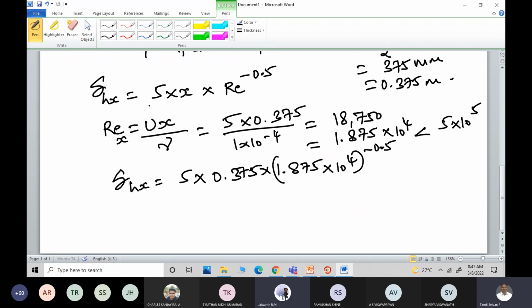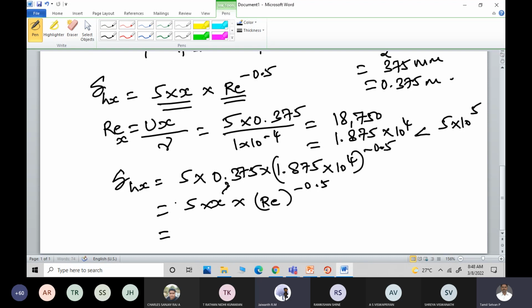I have got this expression from here. All of you are able to understand? It is nothing but 5 into x into Reynolds number power minus 0.5. I have written that the x value is this one and the Reynolds number value is this one.